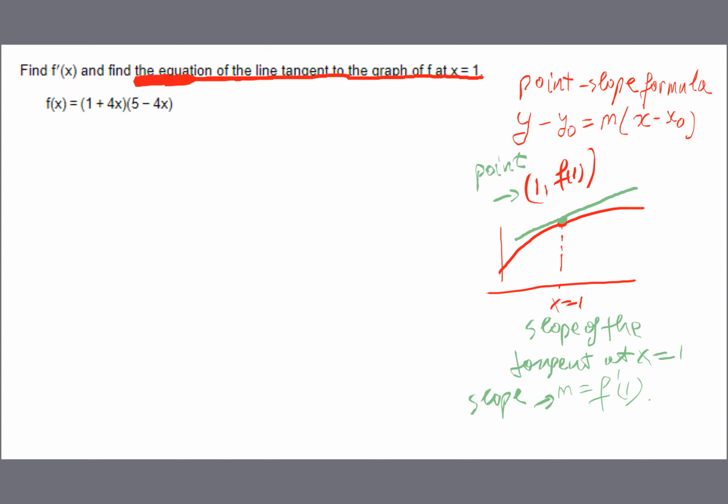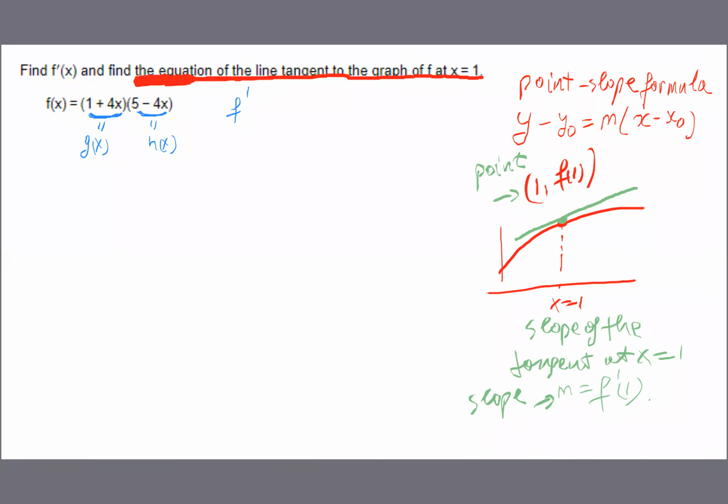I'm going to use the product rule. I'm going to call the first factor here g of x, and the second h of x.